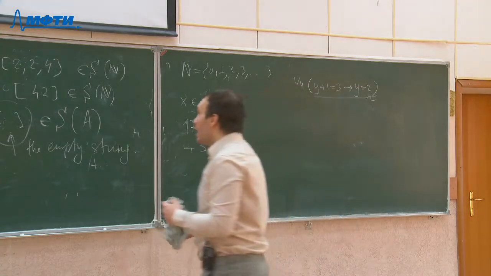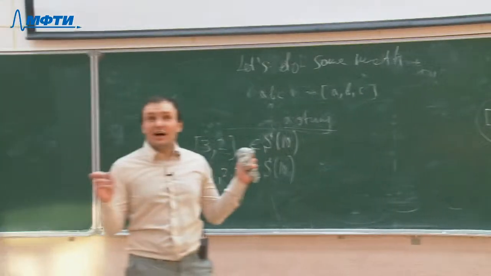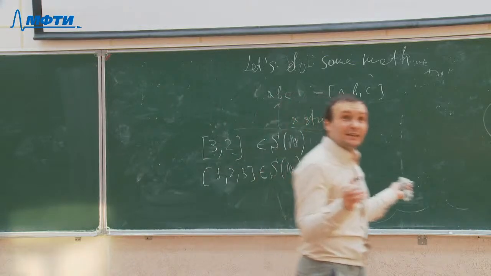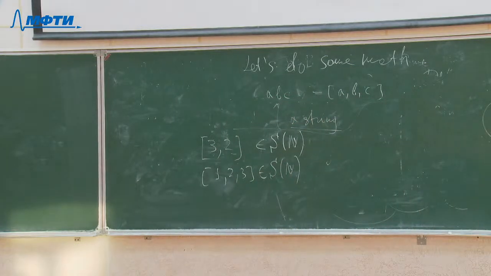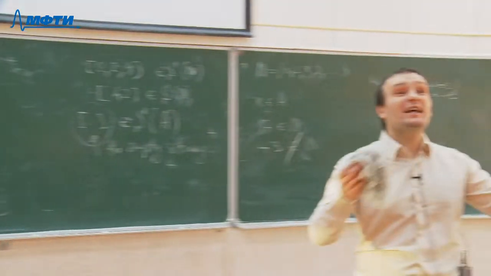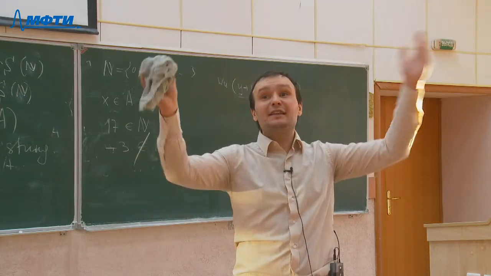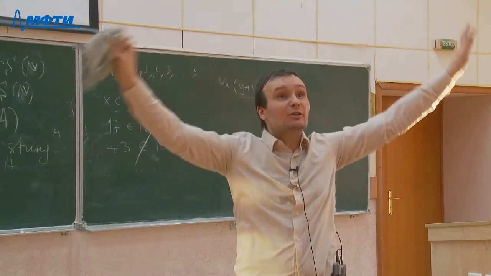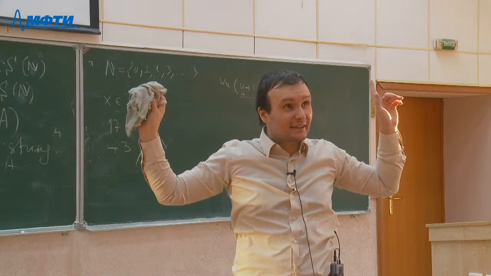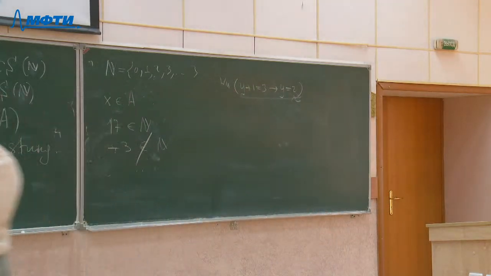So, our approach to redefine strings in a computer-friendly manner is to provide some generating rules. Some rules which describe how to produce all possible strings. There will be two such rules.